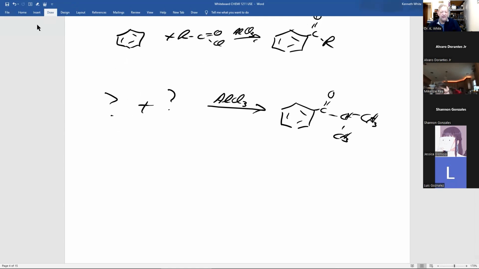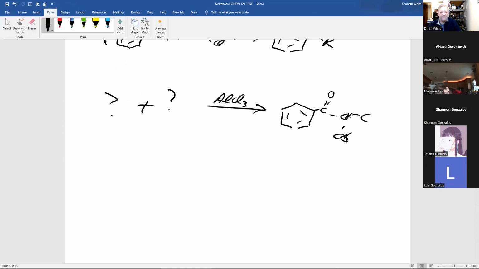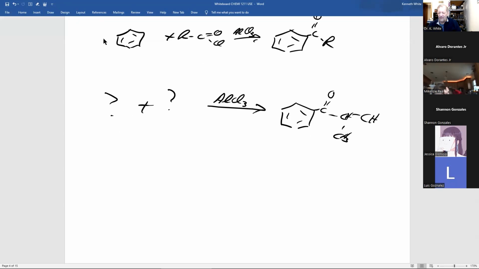And the question would be, first of all, let me fix up this hydrogen. Looks awful. That's better. What two things would you react with aluminum trichloride to make this compound? Your turn.